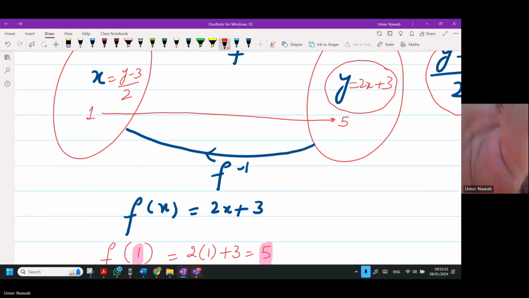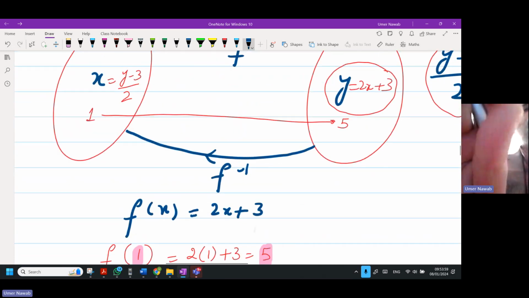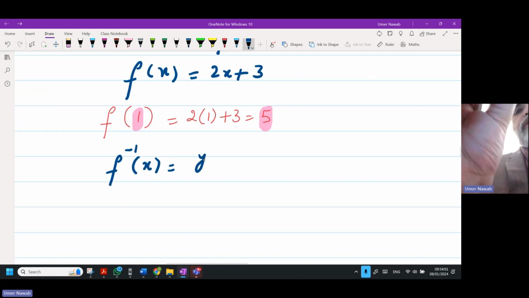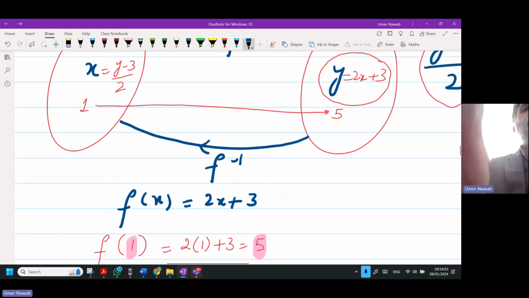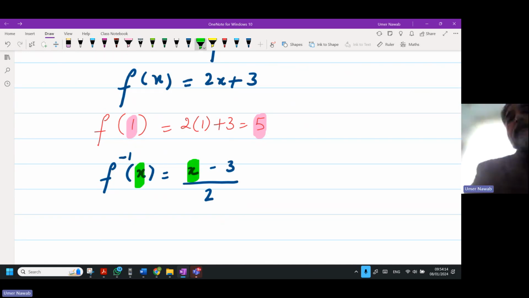Can I plug in? Because my inverse function was y minus 3 over 2. You remember that? Allow me to write here x, because I used x here, so this has to be x.